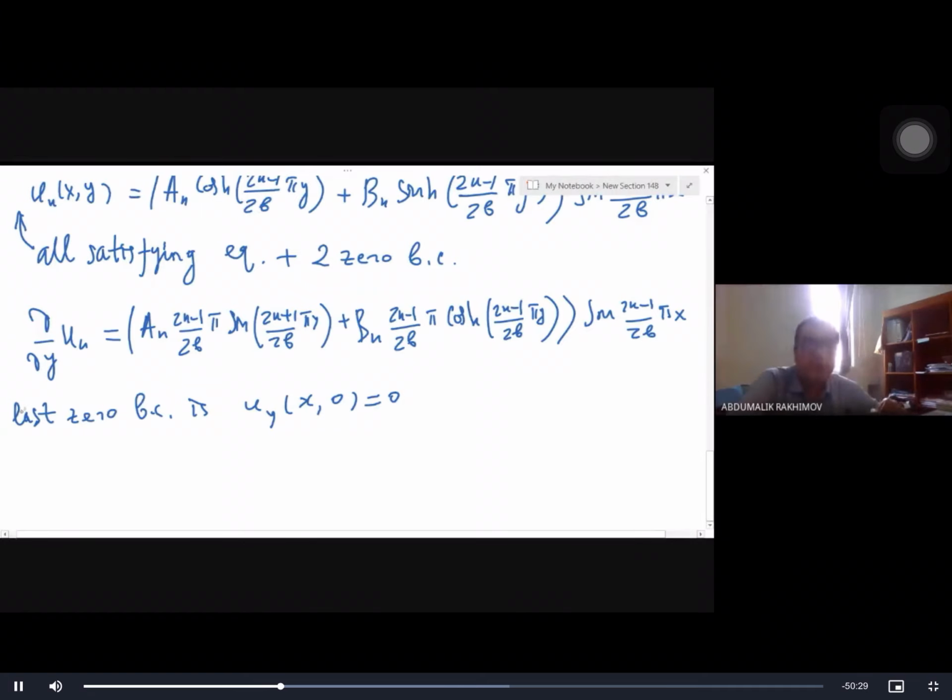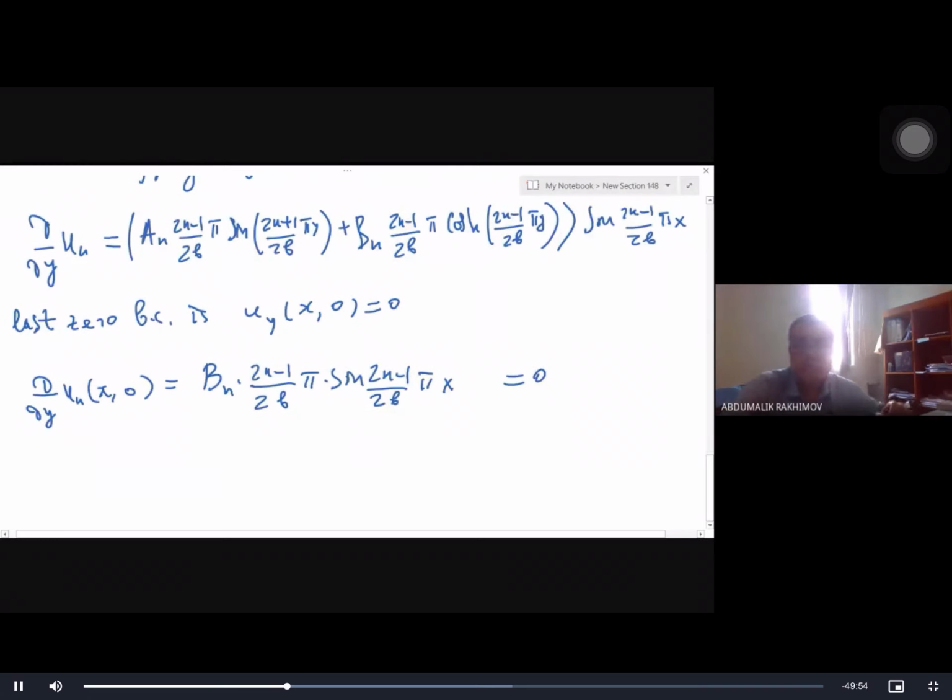Okay. If I do this for this u_n, then what will happen? D u_n at point x = 0. If y is 0, this sine is 0, this cosine is 1, so we will have b_n times (2n−1)/(2b) π times sine((2n−1)/(2b) π x) must be equal to 0, right?